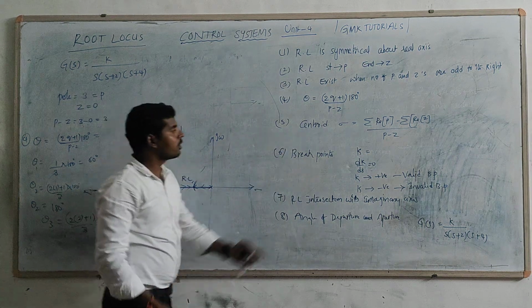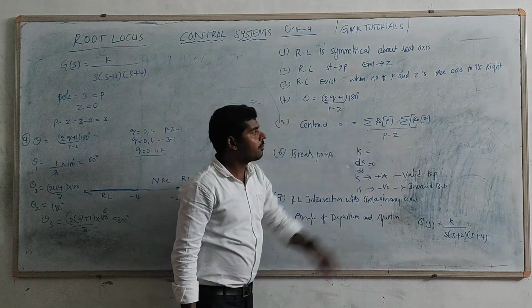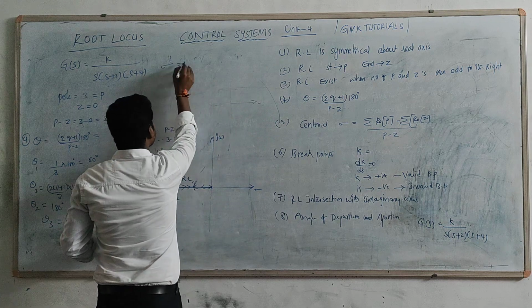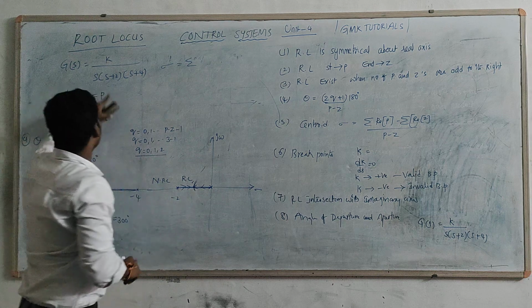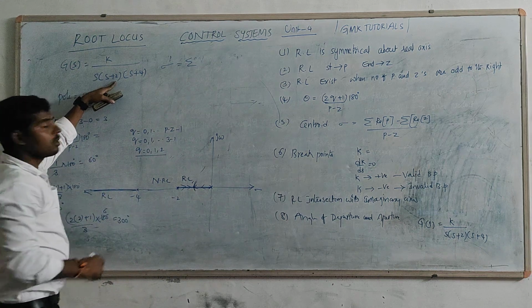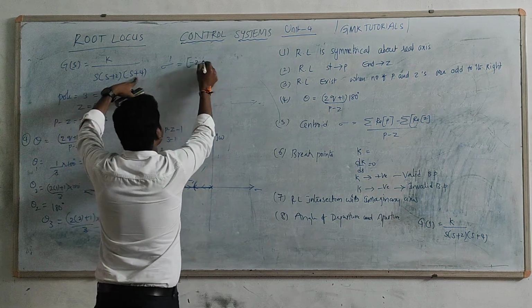The conventional method for the centroid is the sum of the real parts of poles minus the sum of the real parts of zeros, divided by p minus z. As per the formula, sigma centroid is equal to the real part of the poles: s is equal to minus 2 is the real value, so minus 2 minus 4.